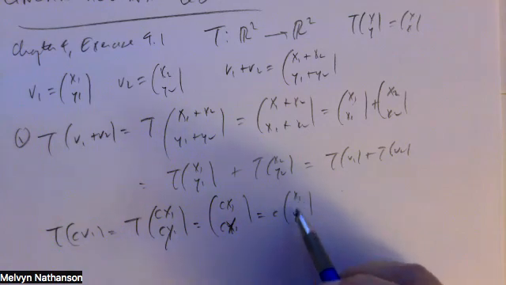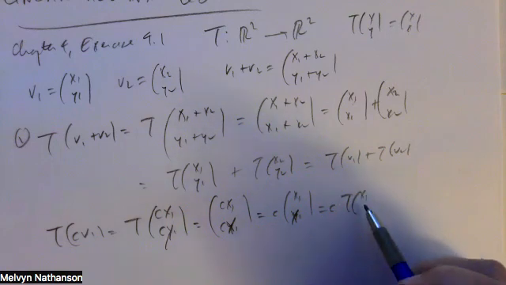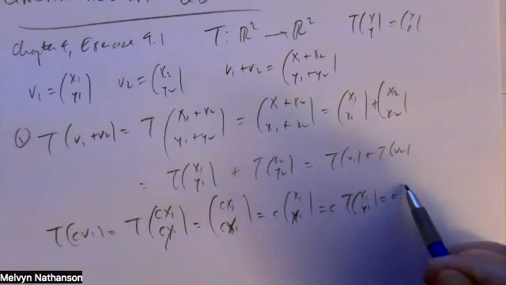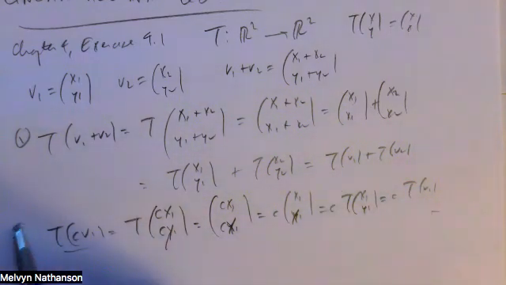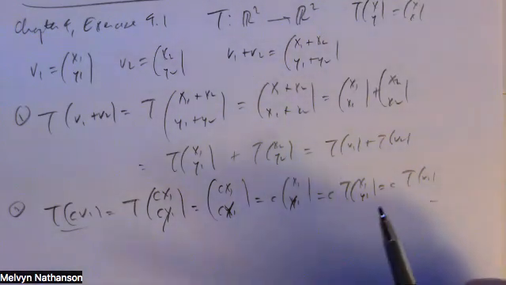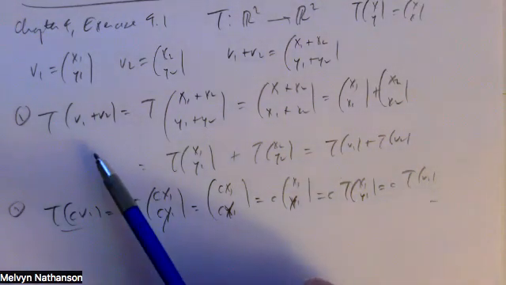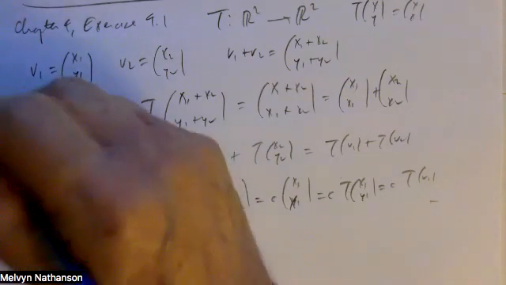So this is c times the vector (x1, x1), which is c times T of the vector (x1, y1), or c times T of v1. So the second property of a linear transformation is satisfied. So T is a linear transformation. It has to behave nicely with respect to vector addition and scalar multiplication. So this is part A.